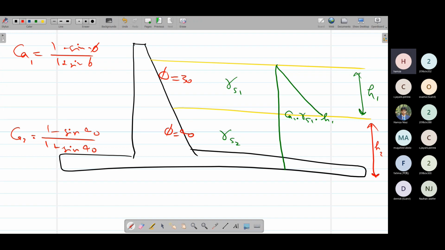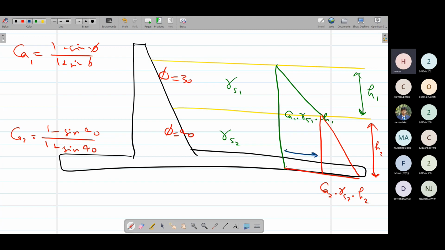For example, for this portion, the ordinate would be CA2 times gamma S2 times H2. So this way we can get the value of this portion.